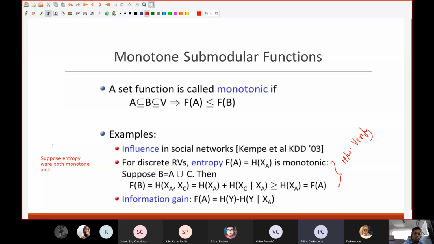If it's monotone, it's not necessarily submodular. Yes, it doesn't mean that there is no function that is submodular but not monotone, or vice versa. So maybe you can give some thought to it.